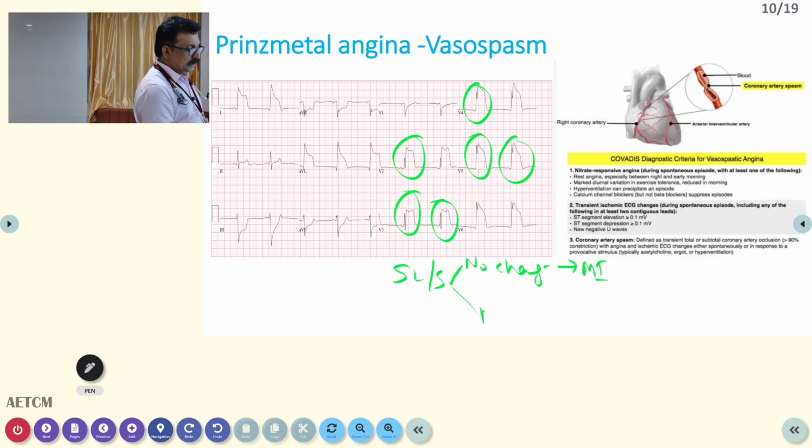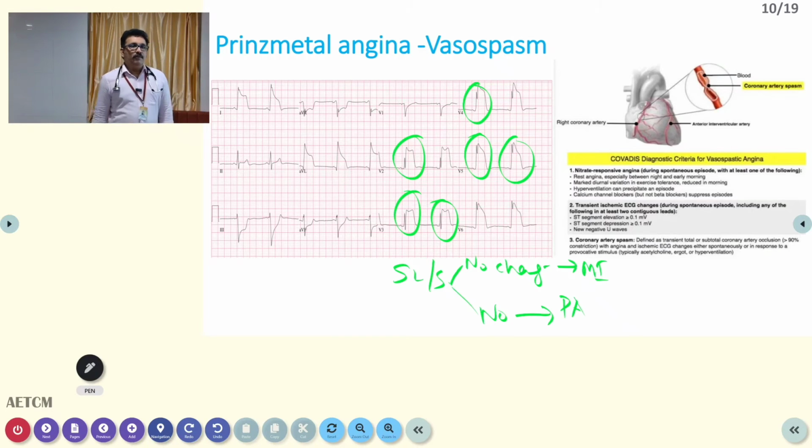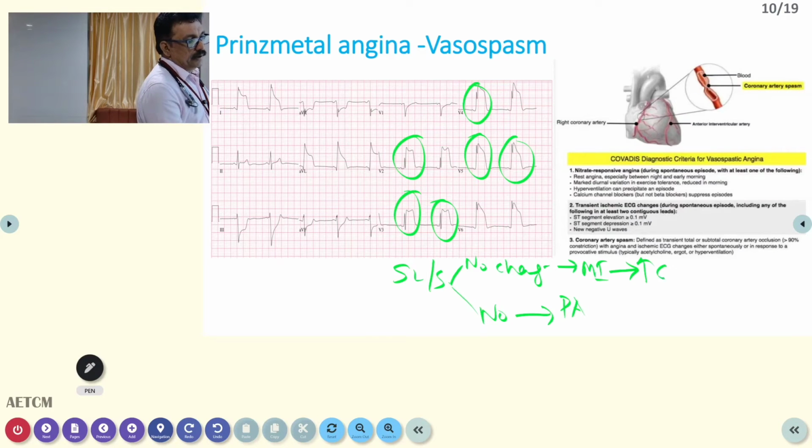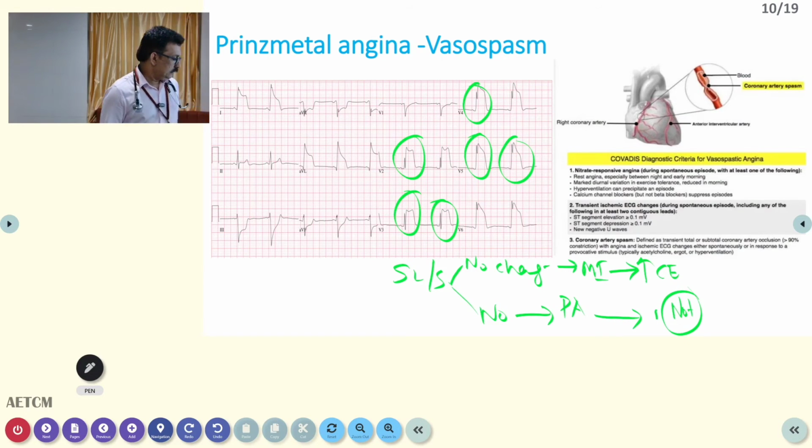If there is normalization after sublingual nitrate, then it is Prinzmetal angina. So, angina will be relieved by sublingual sorbitrate, but myocardial infarction will not be relieved. Moreover, in myocardial infarction, you can have elevation in the cardiac enzymes, CKMB and troponin I. In Prinzmetal angina, they may be slightly elevated, but in most cases they are not elevated. That is very important.